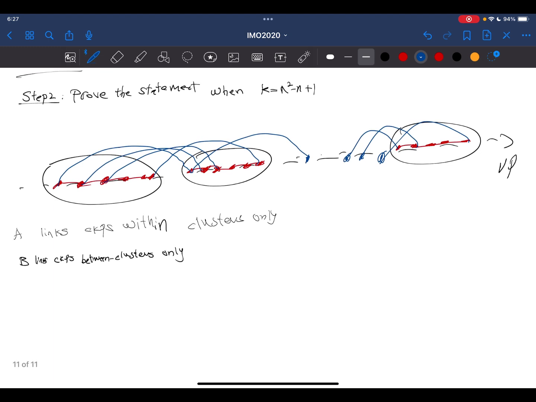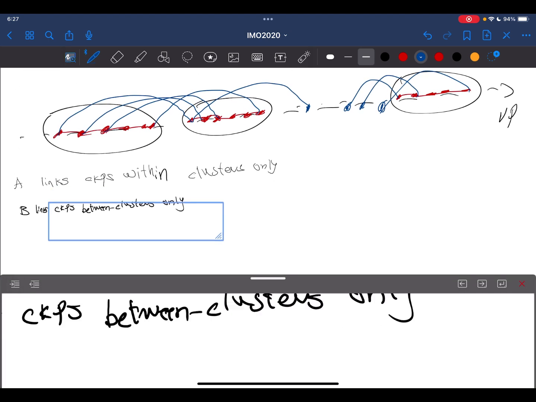Okay, awesome. Now I just need to find the number of cable cars I get here. Notice that in this statement, both A and B have the same number of cable cars, right? And so here, let me just compute the number of cable cars.